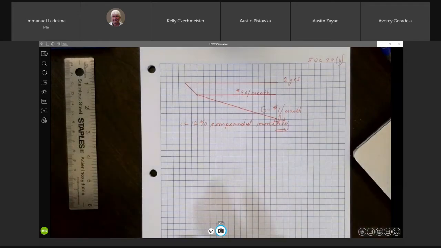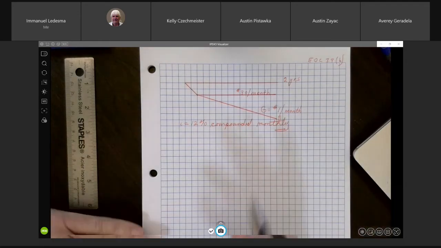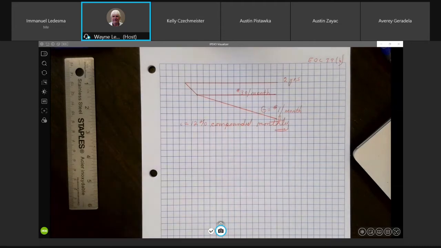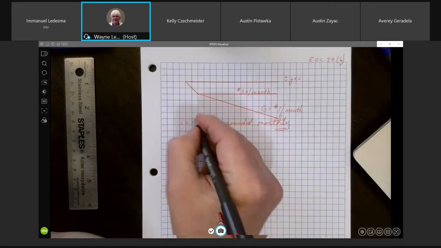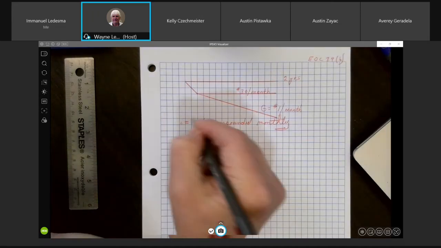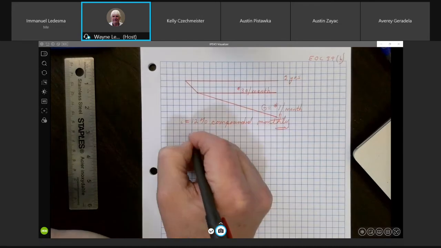So again, with that word compounded in there, it's telling us that it is a nominal interest rate. We don't work with that, with the one exception where we talked about continuous compounding way back in chapter 2, that one event there. But when we have it this way, we will convert it with that formula just like before.